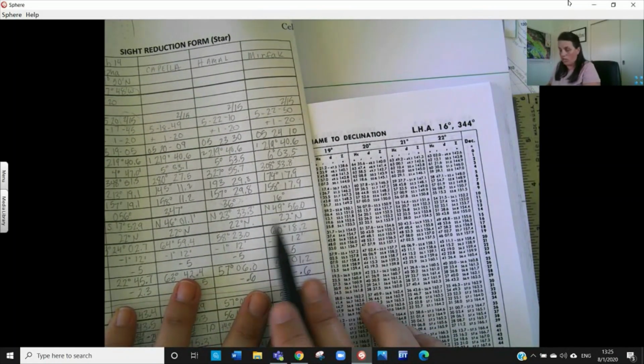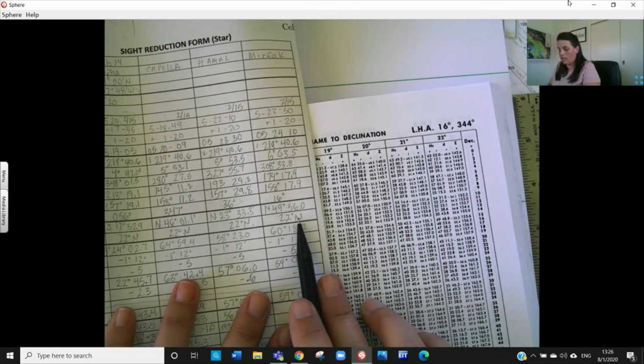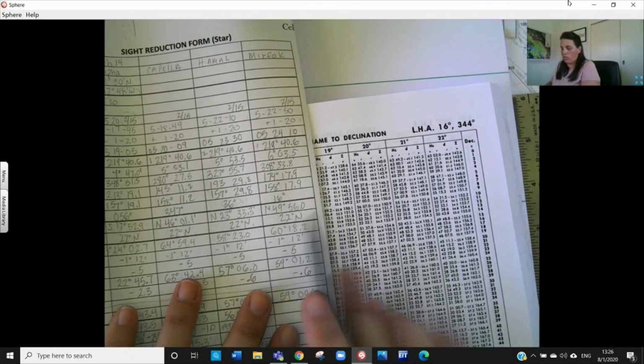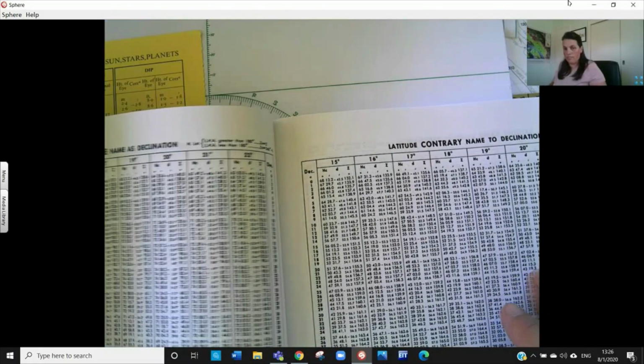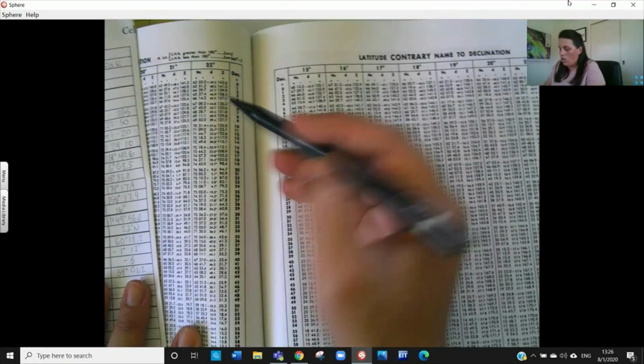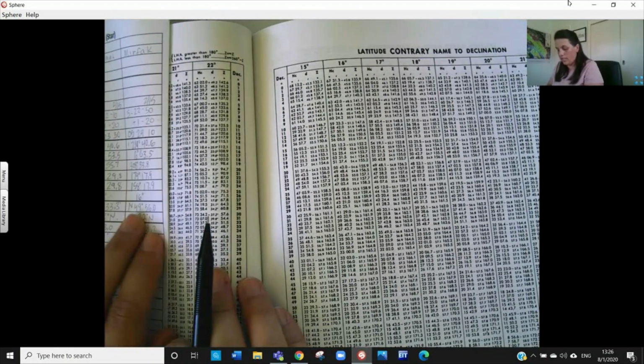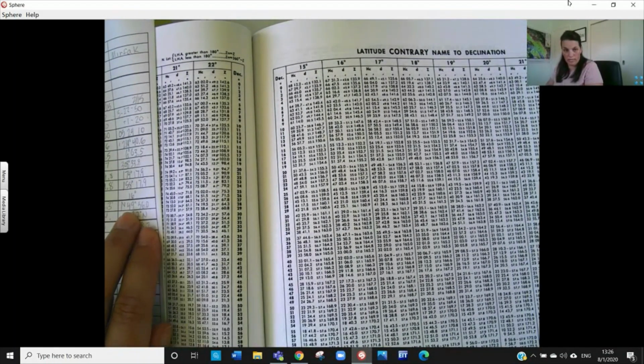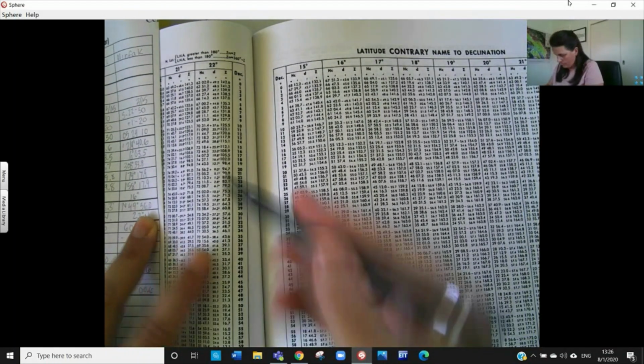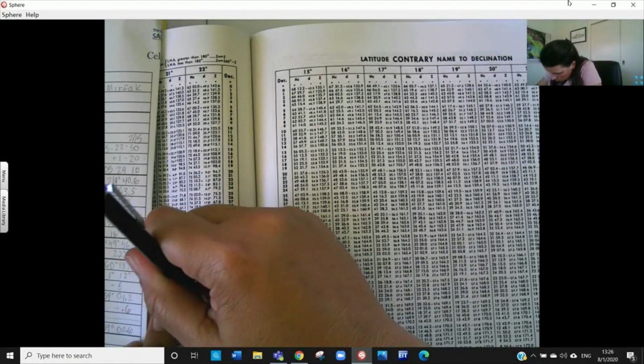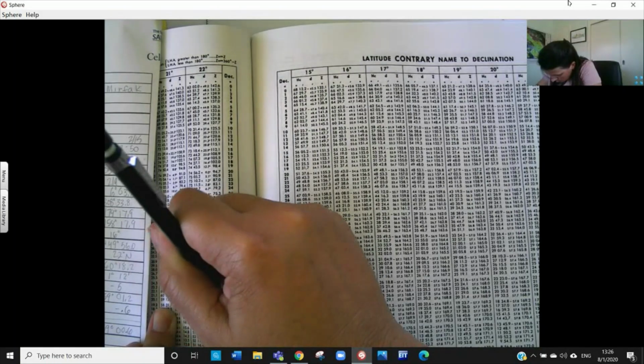So in this case, our declination is north and our latitude is north. So we are going to be on the same in this column again. Our declination was 49.56. So all the way down at 49, almost 50. Be pretty close to that number.